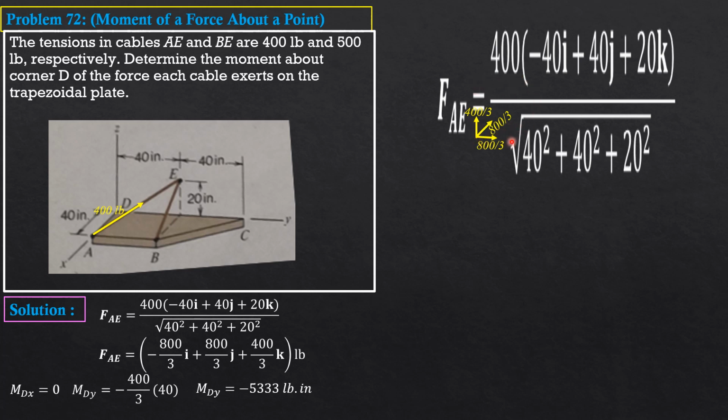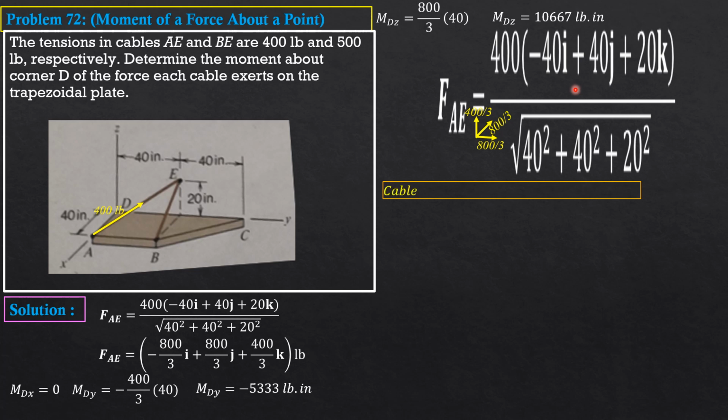So it is positive 800/3 times 40, MDz, and it is equal to 10,667 pound inch. Therefore, the moment about D due to the tension in cable AE is equal to negative 5333j plus 10,667k pound inch.